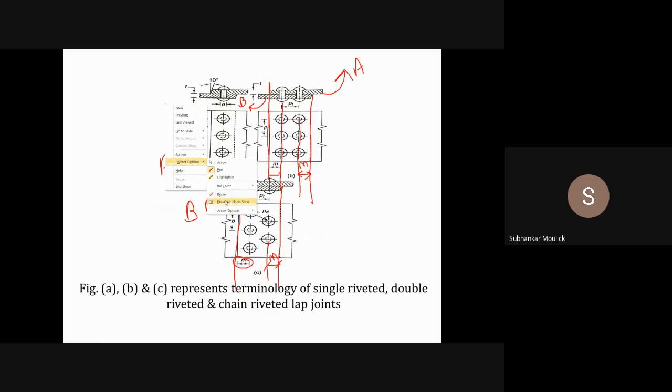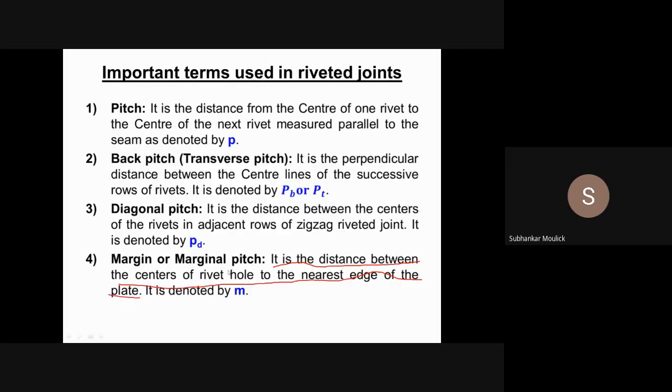So these are the terminologies which you should keep in mind, because we will require these things while solving problems related to rivet joints. And always remember one thing: this margin m is always equal to 1.5 times the shank diameter of the rivet.